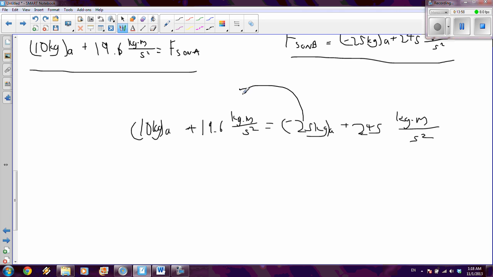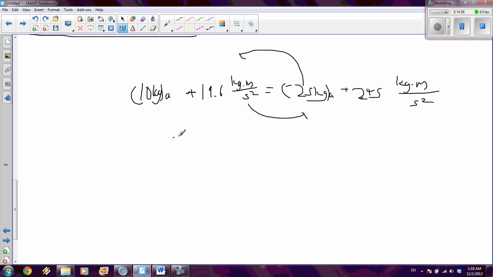Add both sides by positive 25 kilograms times acceleration. Subtract both sides by 19.6 kilograms times meters per second squared. We end up with 35 kilograms times acceleration is equal to 225.4 kilograms times meters per second squared.